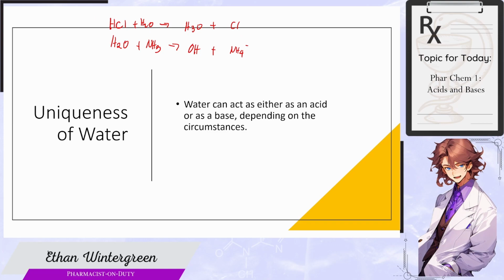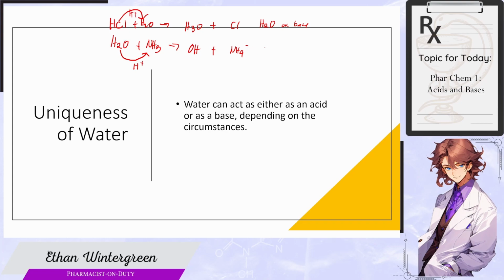In the first equation, hydrochloric acid gave water a hydrogen ion. In this case, water acted as a base since it accepted the hydrogen ion. In the second equation, water gave ammonia a hydrogen ion.